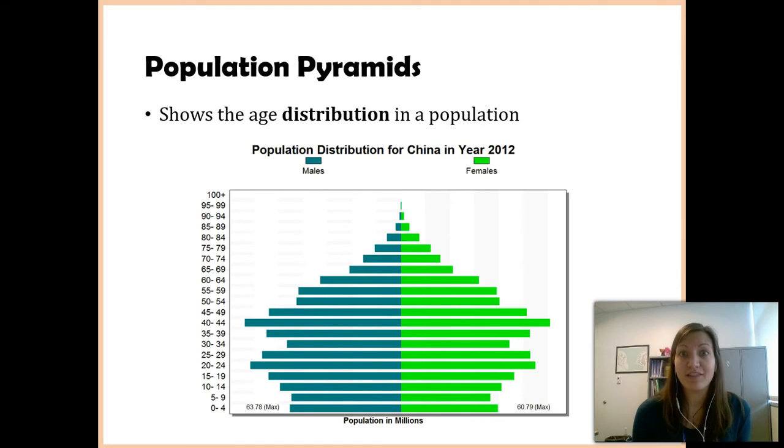The government saw this and realized it was a really big problem, because that's a lot of people, which means they need a lot of resources. They need a lot of food, shelter, electricity, all of these things, but the country couldn't provide that. Some of you may have heard of the one-child policy in China.